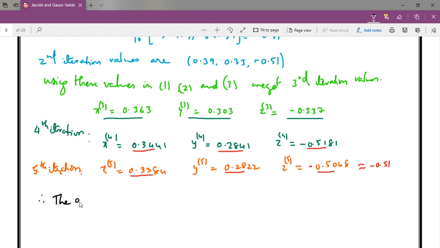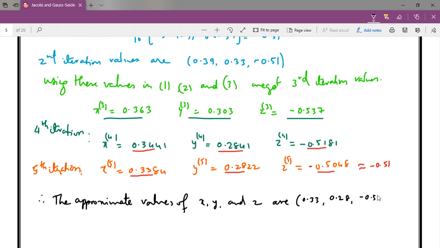So therefore the approximate values of x, y and z are, so what are the values? 0.34, 0.28, minus 0.51, corrected to 2 decimal places.